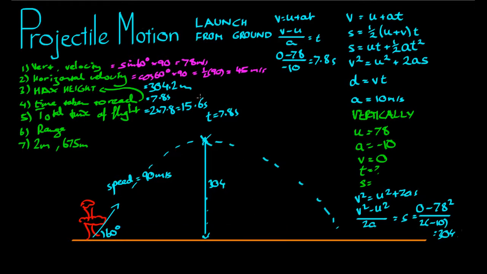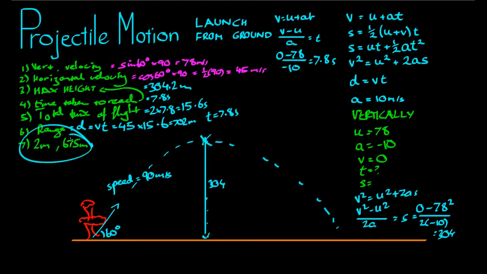If the object is indeed in the air for 15.6 seconds, then the range is equal to the distance sideways, which is equal to sideways velocity times time, which is 45 times 15.6, which comes to 702 meters. So it has a max height of 304 meters and a max range, so a horizontal distance to the point of impact, of 702 meters.